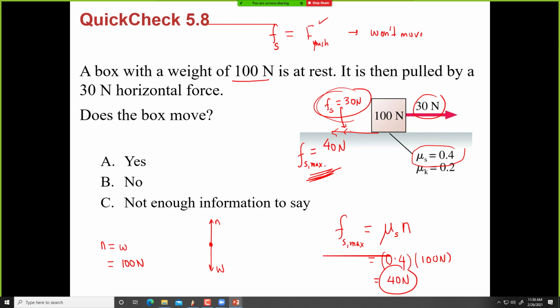It's not moving, right? That's why the friction force at this instance is 30 Newton. This gives us the maximum friction. So again, it's not moving. In order to move it, you need to have your push force greater than 40 newtons.